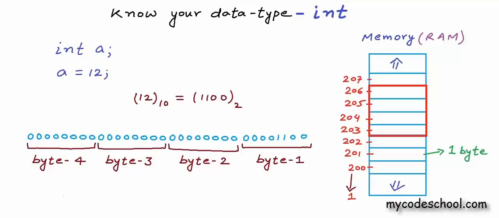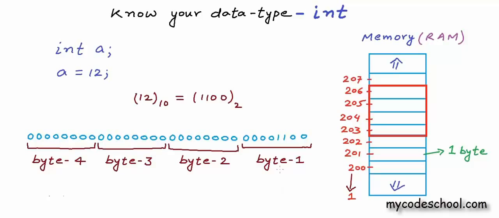In binary representation, we call the rightmost bit the least significant bit, and we call the leftmost bit the most significant bit. Let's say the 8 rightmost bits is byte 1, and the next 8 bits or the next byte towards the left is byte 2, and going further left we have byte 3 and byte 4. Byte 1 is the least significant byte, and byte 4 is the most significant byte. Now what I want to do is fill in these bytes in the memory block for a.